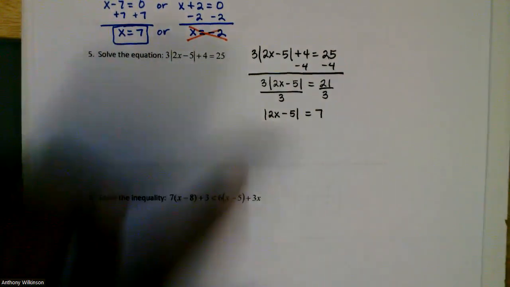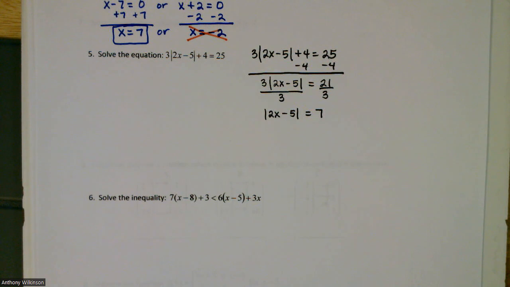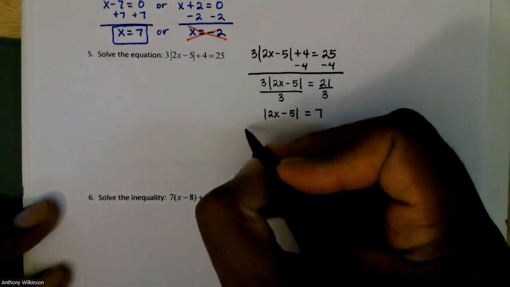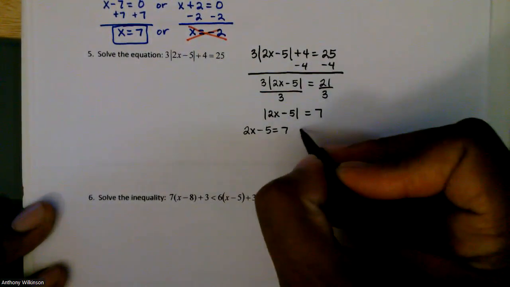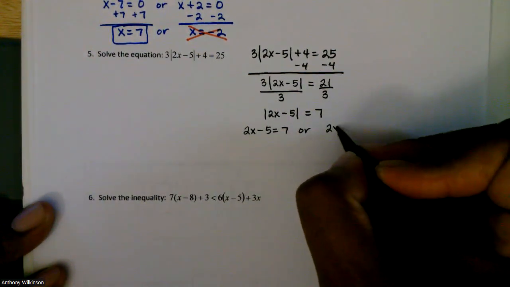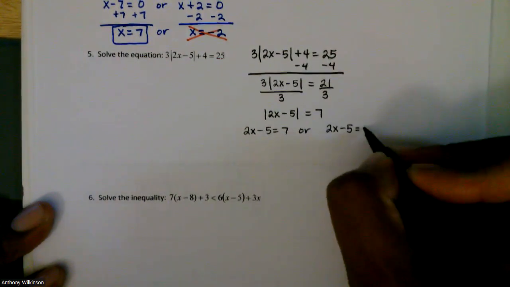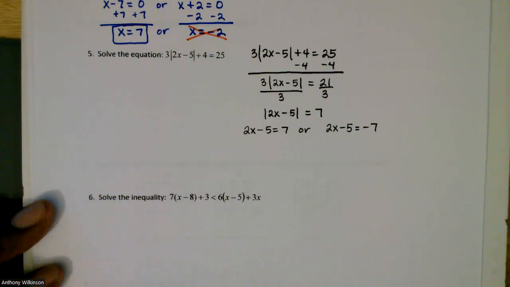And now I have an absolute value symbol by itself, so I can write that as 2 equations. One of them will be 2x minus 5 is equal to 7. Or the second equation will be 2x minus 5 equal -7.